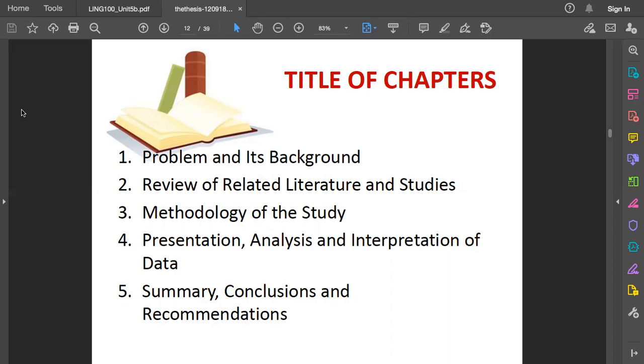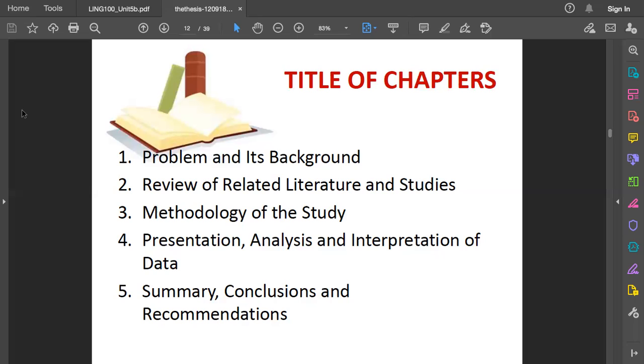Okay. So if you notice, it's really difficult to teach if there's no research manual available. But you check the formats in the library.